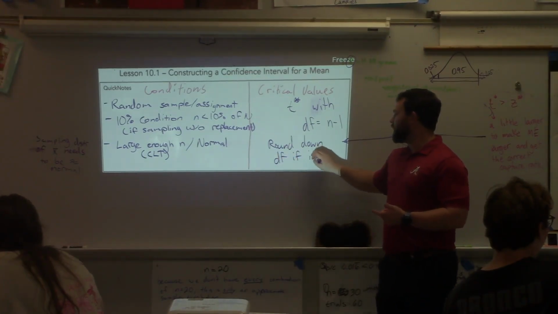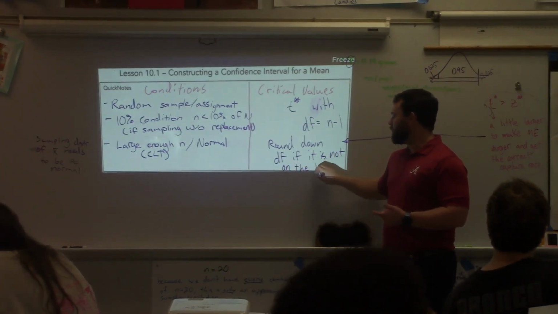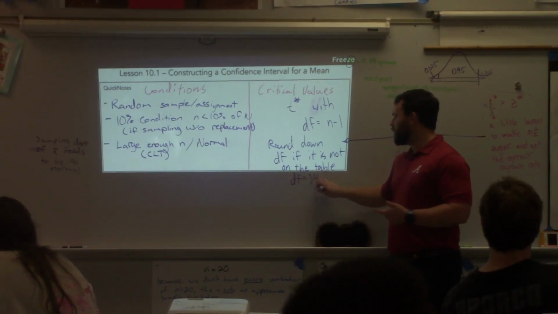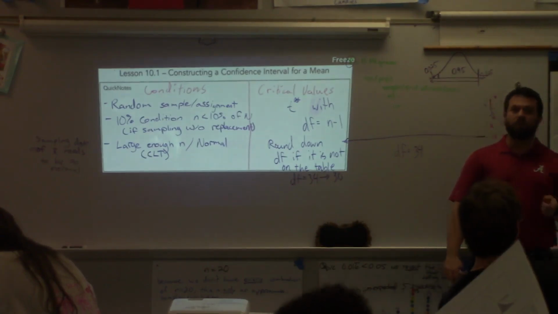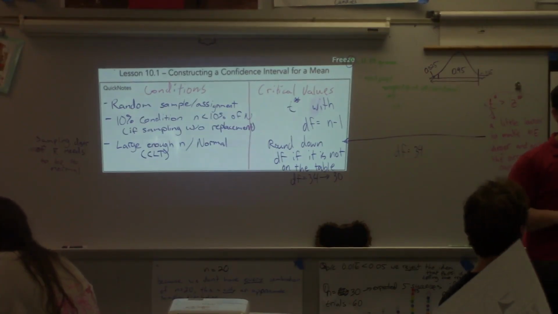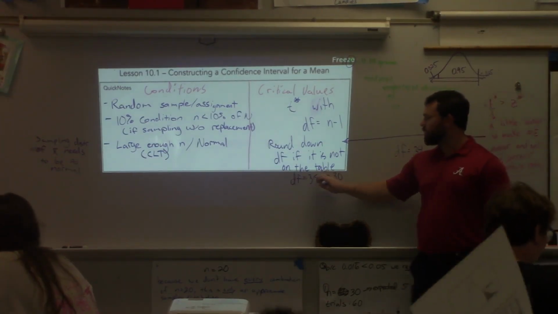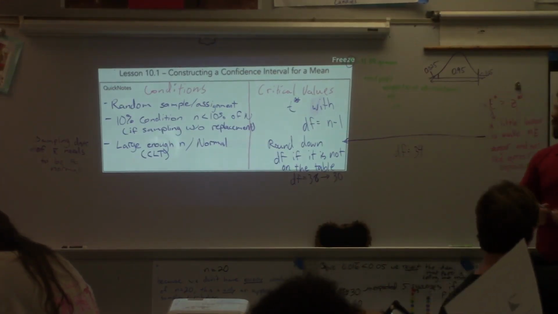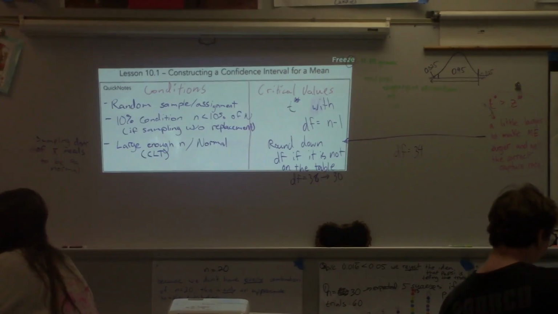So we could just say 30, but you can always use a calculator. If my degrees of freedom is 34, I'm going to round it down to 30. What if it was 39? You would still round it down, because you need to make the interval wide enough to have the right capture rate. If you go to a higher degrees of freedom, then it will not have the right capture rate.